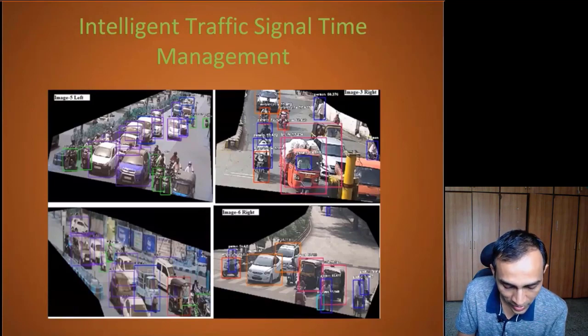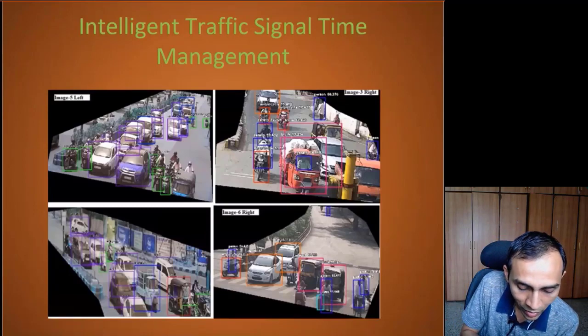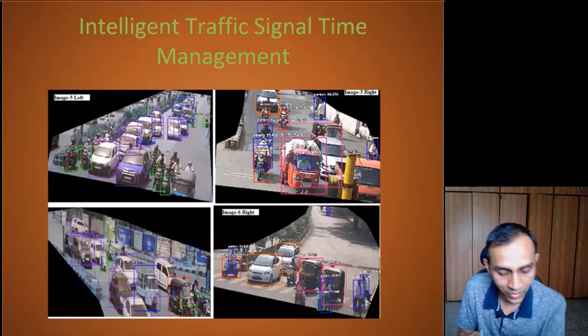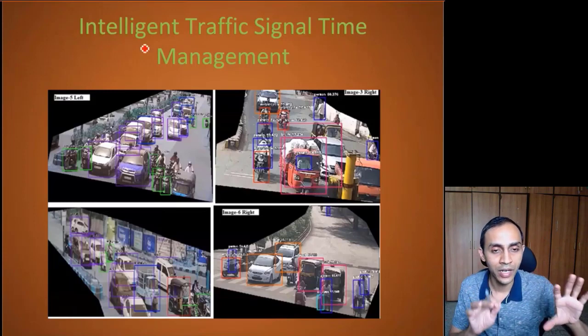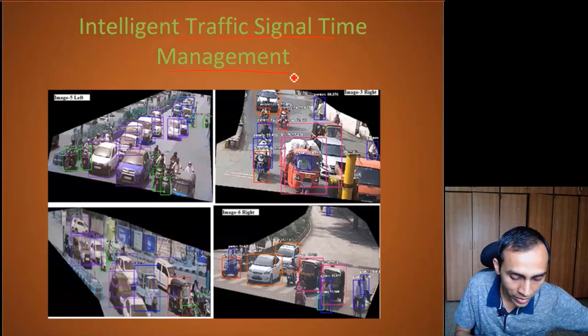So we tried to pitch in and develop an intelligent traffic signal time management. So rather than having a static fixed time for each side of the signal, depending on the concentration of vehicles in each side of the lane, we can actually adjust the traffic signal.